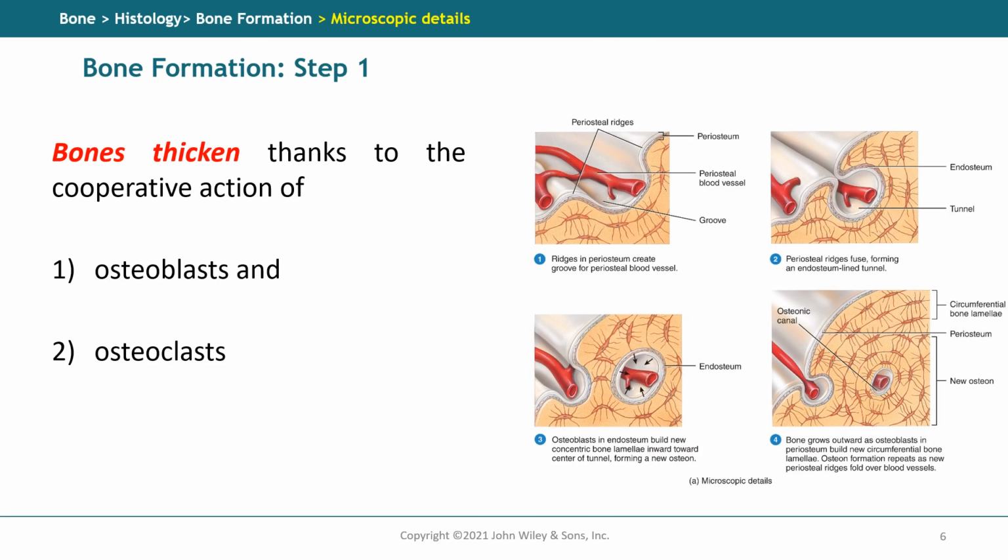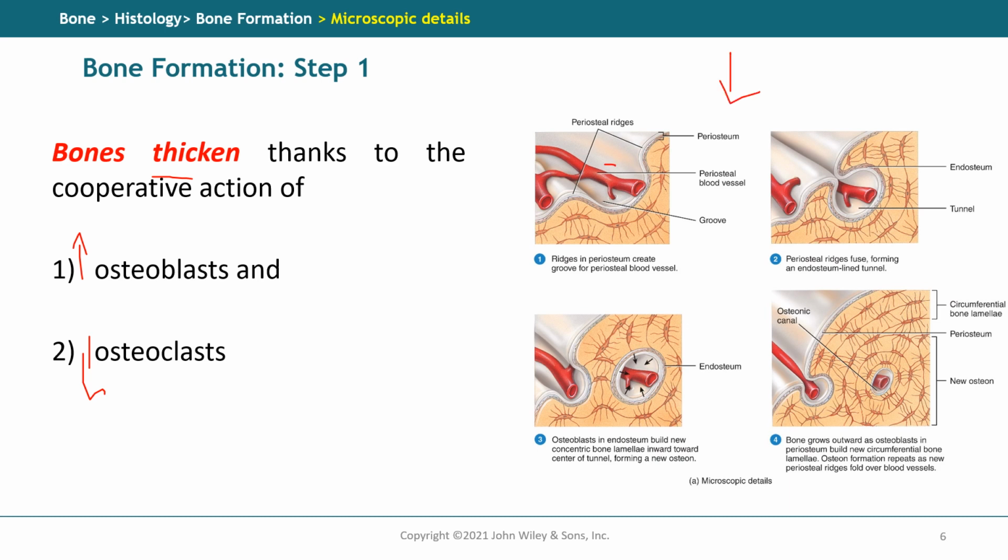So now we're going to talk about the microscopic details of how this bone can keep growing and how the bones thicken. And I already told you that there is a cooperation between osteoblasts and osteoclasts. And now I'm going to talk about 4 steps that are described in your textbook.